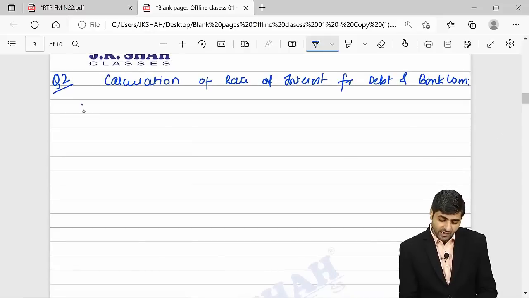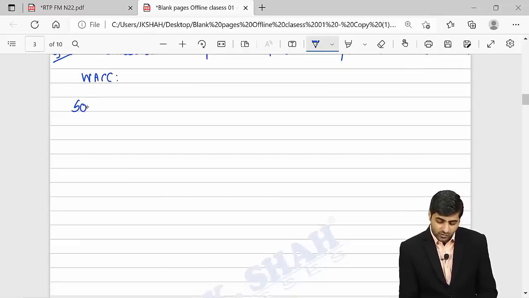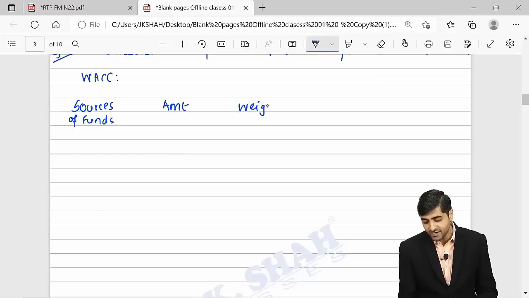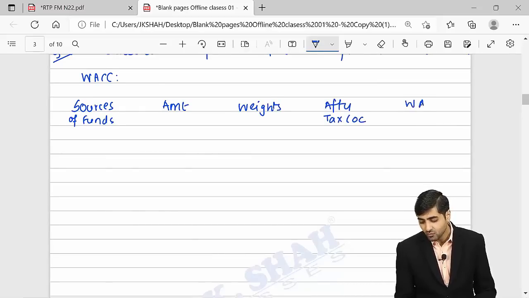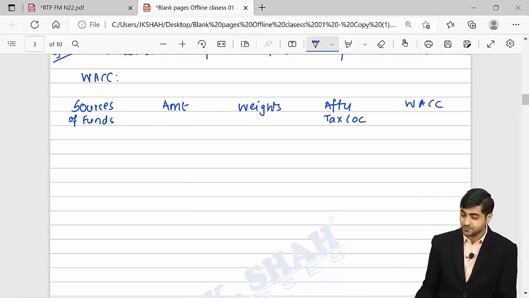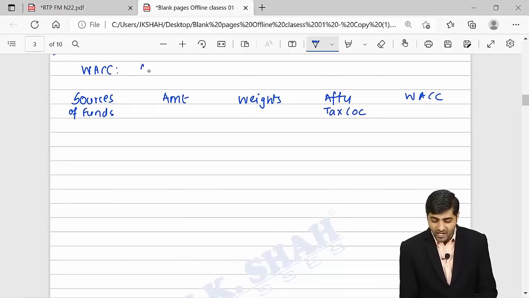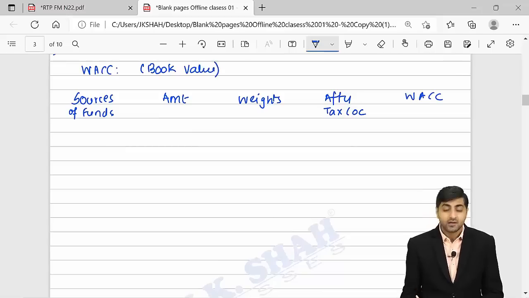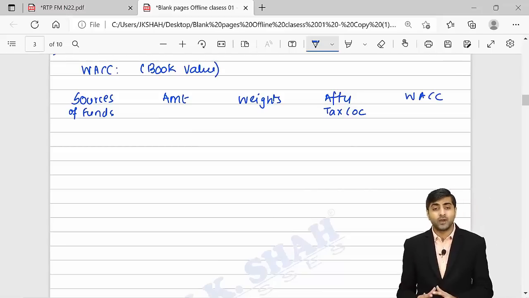For that we will write down weighted average cost of capital, and as you all know, we prepare sources of funds, then we have amount, then we have weights. After that, if I put my after tax cost of capital, what I get is my WACC. Now we have the book values available, so I will write down the book value weights.